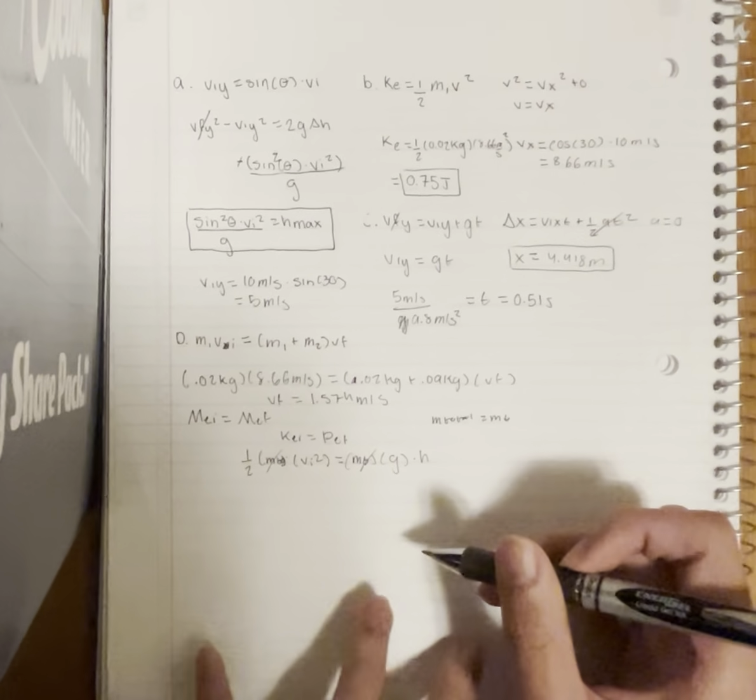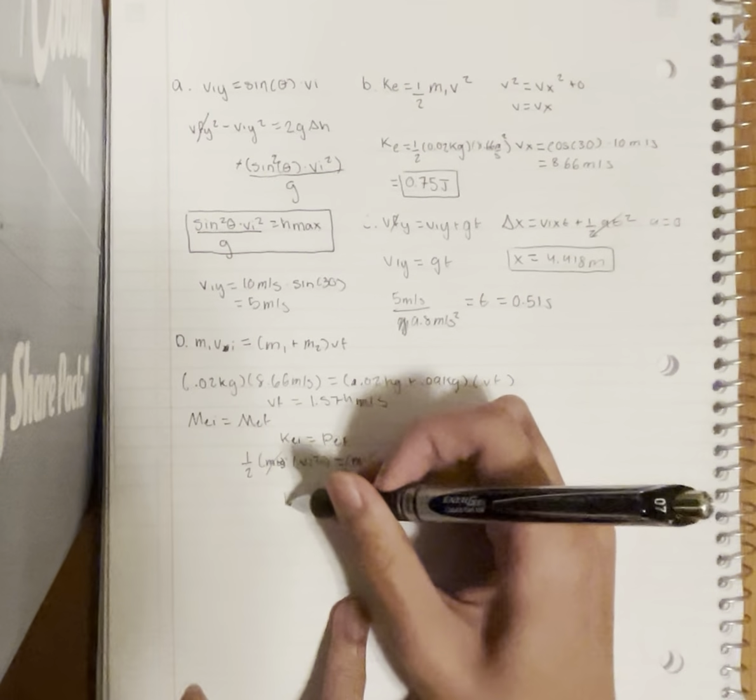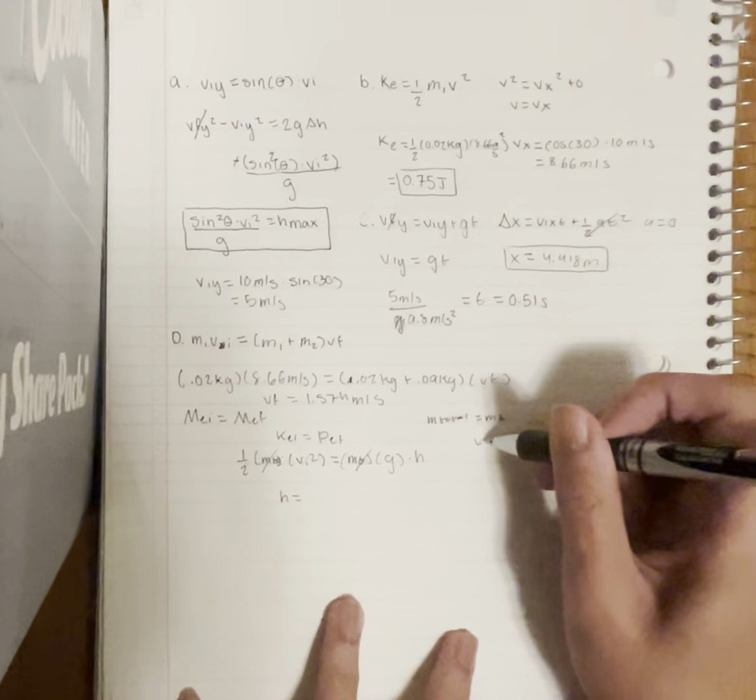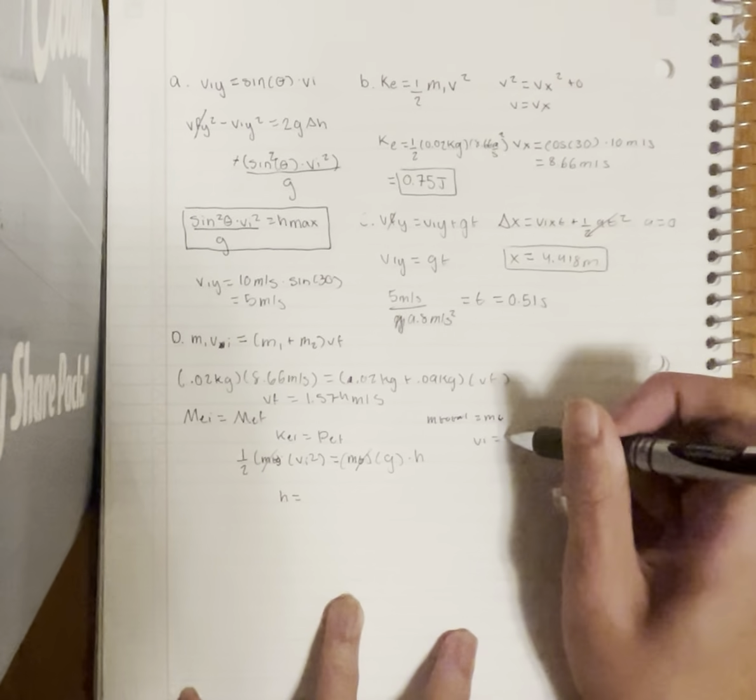And then h is equal to, wait, let me just put vi is equal to vf.